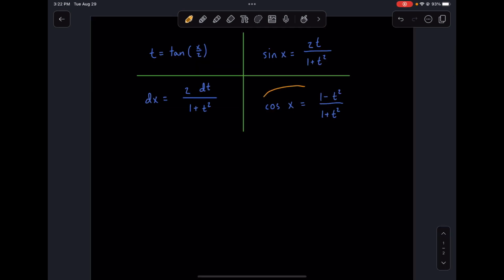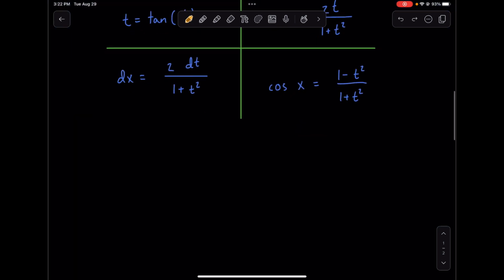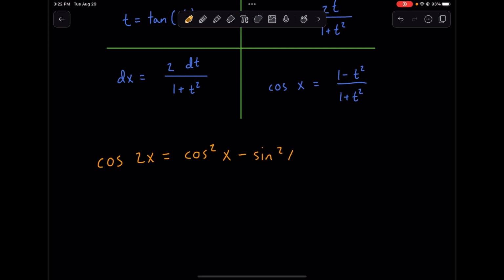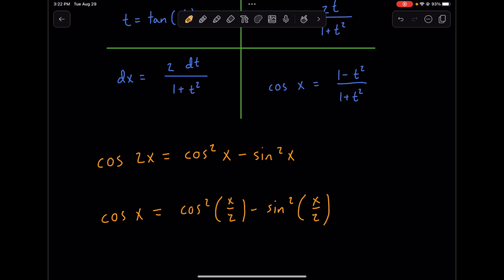Lastly, I'm going to prove that cosine of x is 1 minus t squared over 1 plus t squared. Again, we're going to start by looking at the trig identity that cosine of 2x is equal to cosine squared x minus sine squared x. So now we can apply that to cosine of x. It would be equal to cosine squared x over 2 minus sine squared of x over 2.